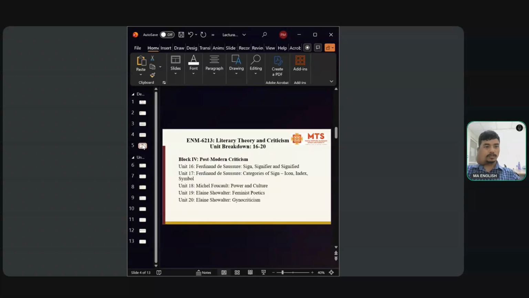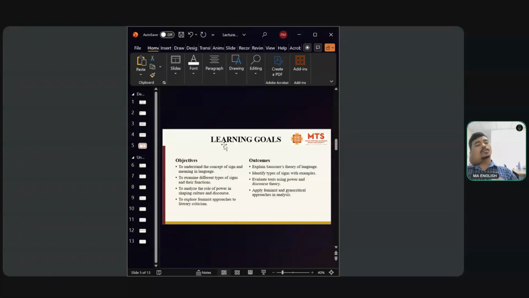Now let's move on to the learning goals. There are objectives and outcomes here. The objectives: first, to understand the concept of sign and meaning in language; second, to examine the different types of signs and their functions; third, to analyze the role of power in shaping culture and discourse; and fourth, to explore feminist approaches to literary criticism.